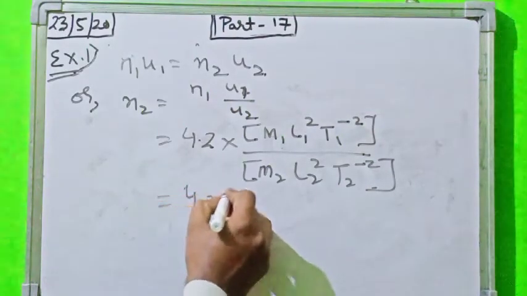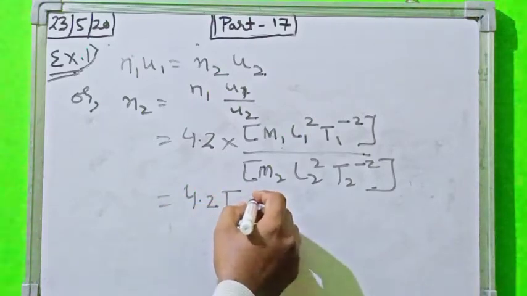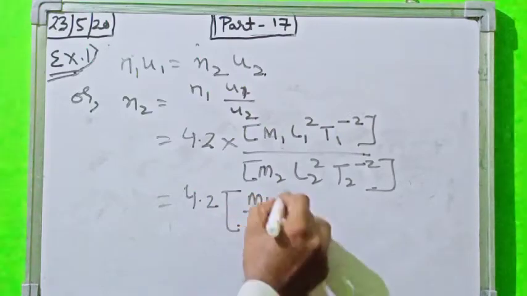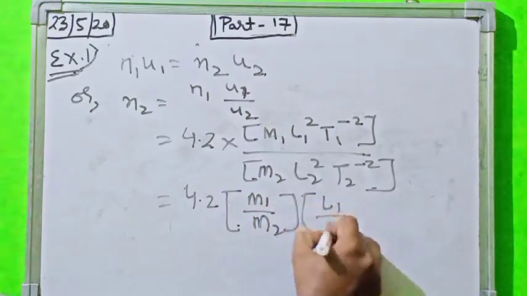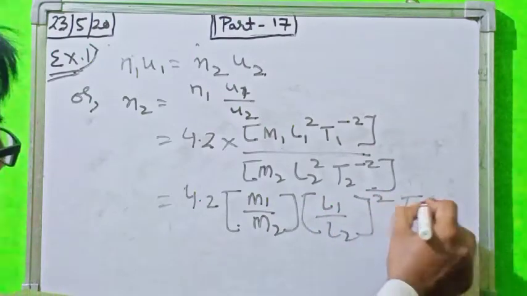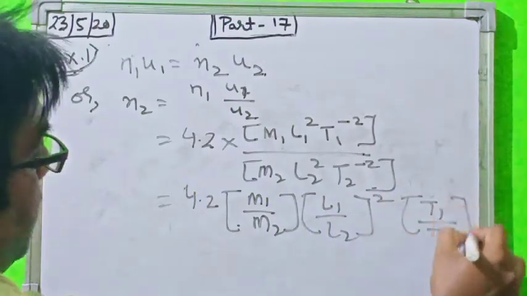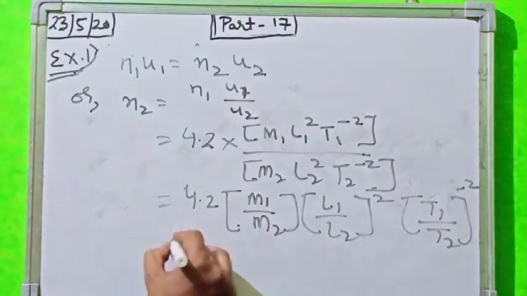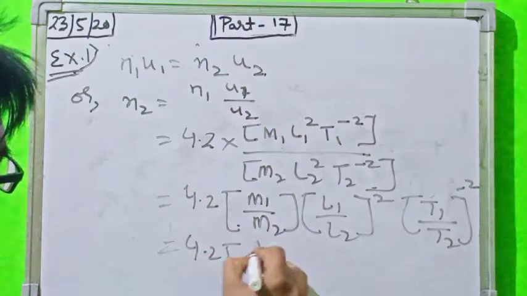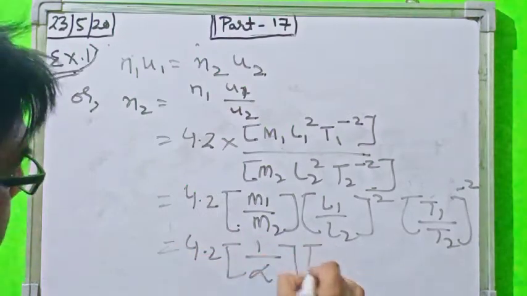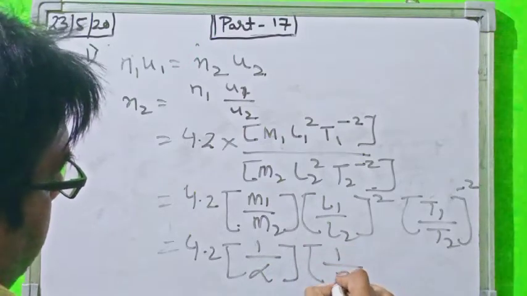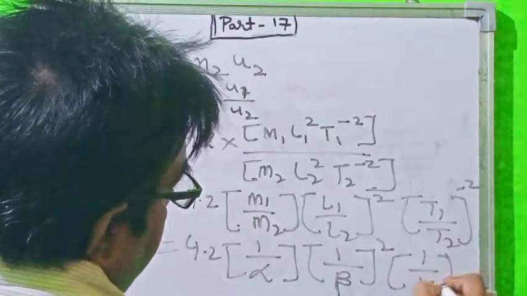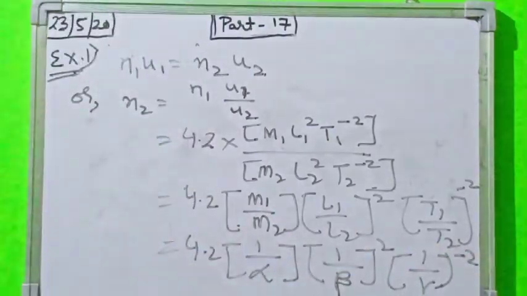Then 4.2 is equal to M1 upon M2, L1 upon L2 square, T1 upon T2 minus 2. If M1 is 1, then M2 is equal to alpha. So 4.2, that is 1 upon alpha, 1 upon beta square and 1 upon gamma minus 2.